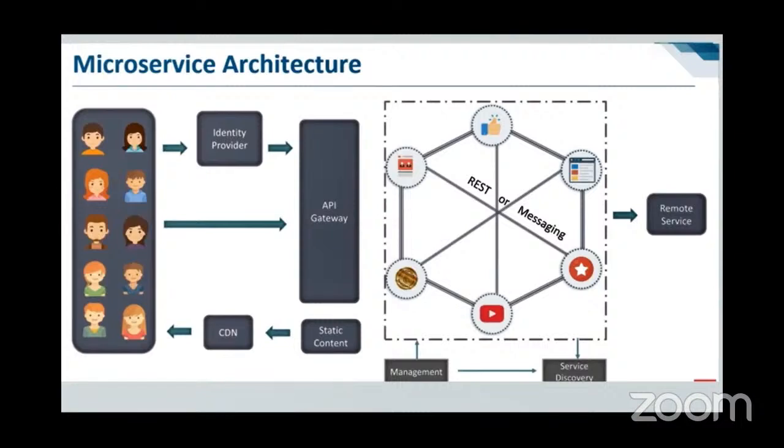But if I break the app into microservices and the cart component goes down, only that particular microservice goes down. Only the users on the cart and checking out will be impacted, but the users browsing the catalog will not be impacted, and the users writing a review can still write the review because those microservices are still up. So this architecture style makes each of the components independent of each other.